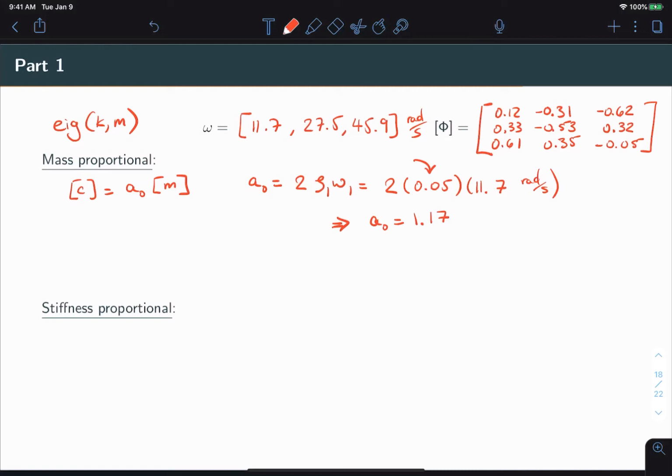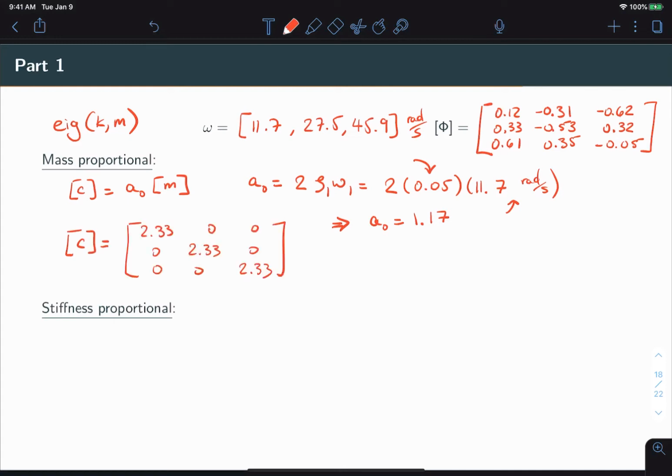That's what we want it to be, 0.05 or 5%. The first natural frequency was 11.7, and so we get a final value of A0 of 1.17. Then simply we multiply our mass matrix to get the following damping matrix. So that's it for mass proportional.